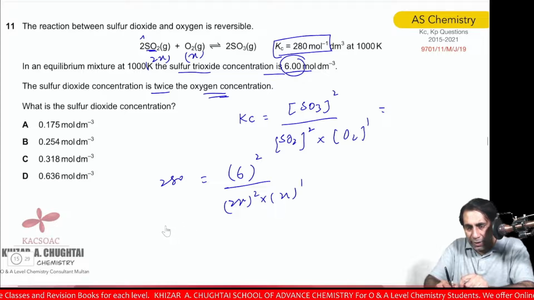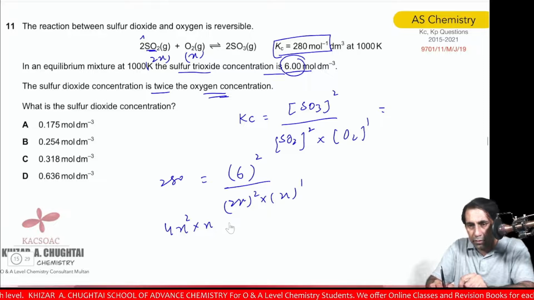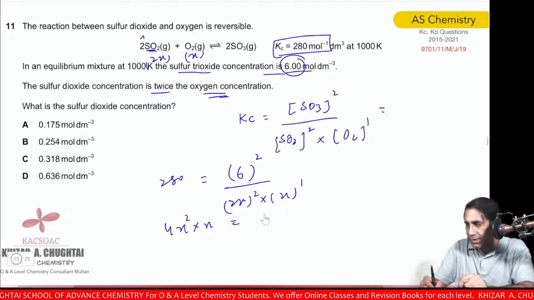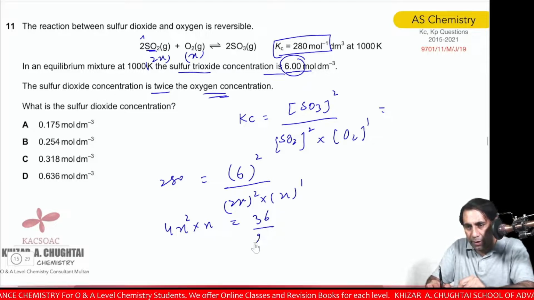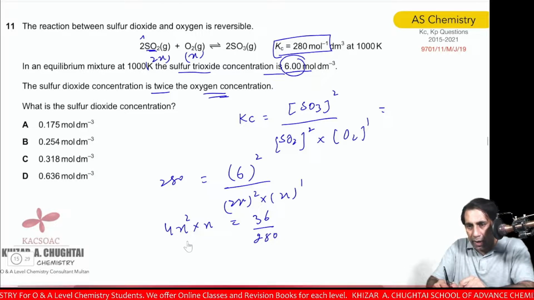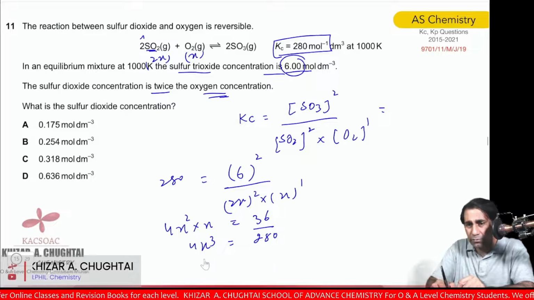So we can write 4X square into X, and you can write 6 square, which is 36, divided by 280. And we can also write 4x cube is equal to 36 divided by 280.